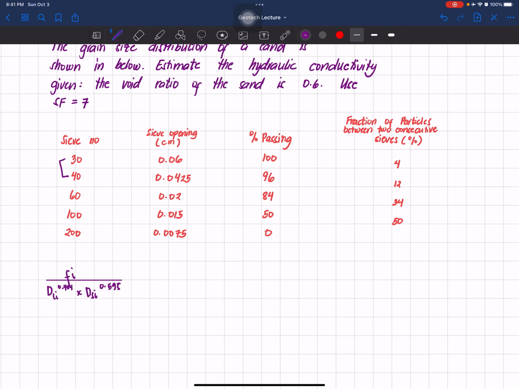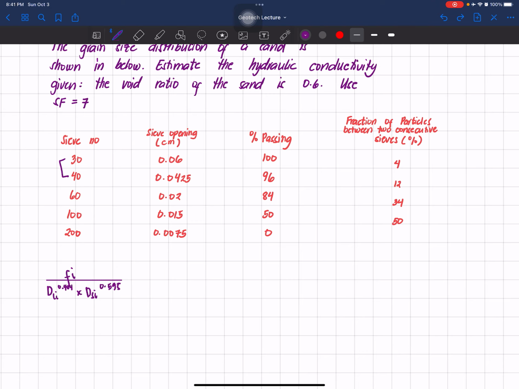So, how do we do this? First, you need to calculate yung ating term na ito using yung magkatabing sieve. Okay, so in this case, let's start muna with the sieve number 30 and sieve number 40. So, ang gagawin lang natin dyan is actually sulat natin yung Fi, that is the fraction in between.